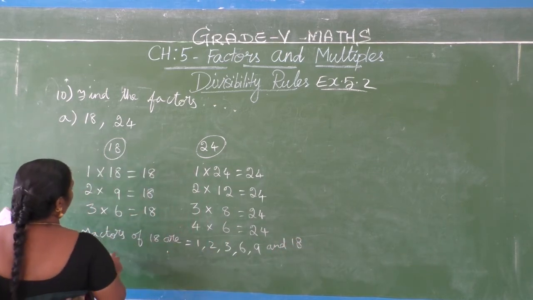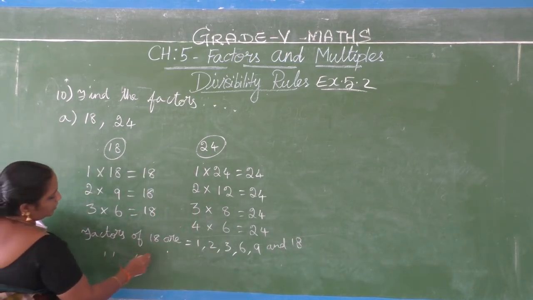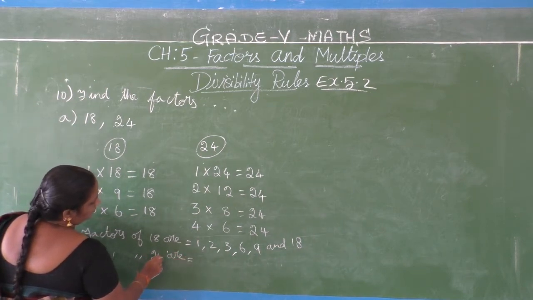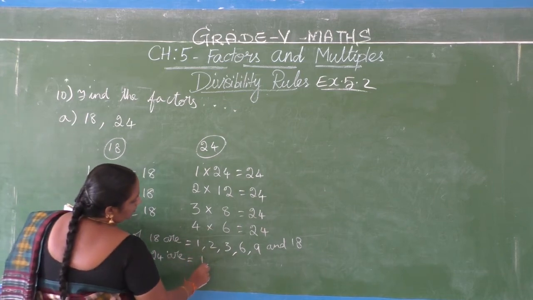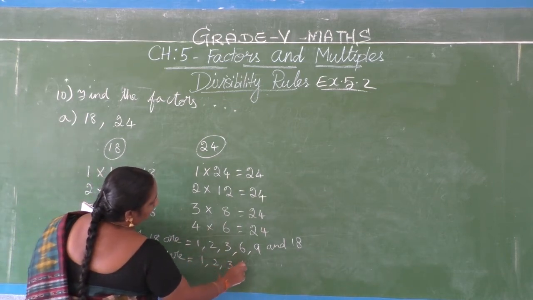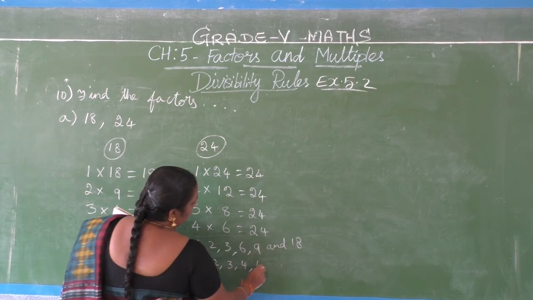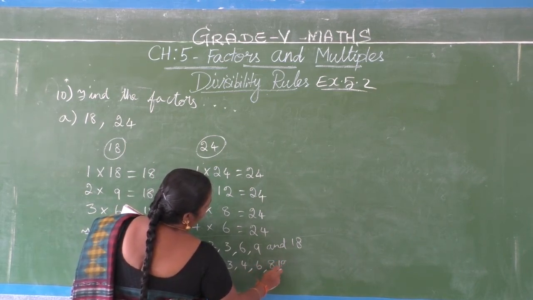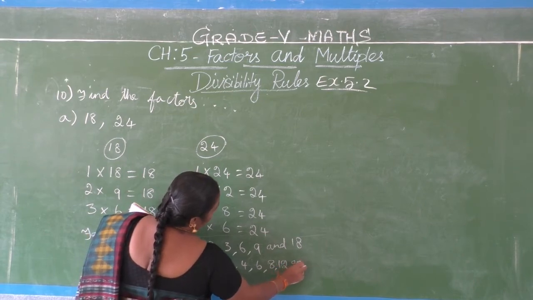Likewise, factors of 24 are 1, 2, 3, 4, 6, 8, 12 and 24.